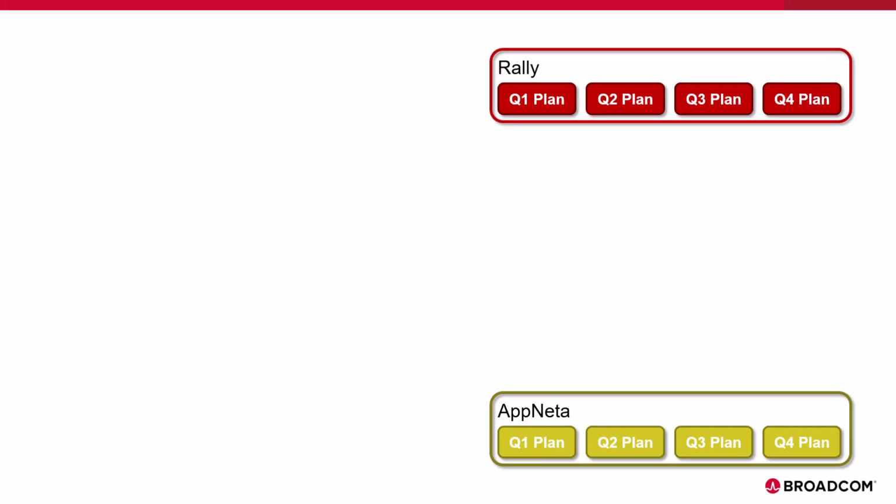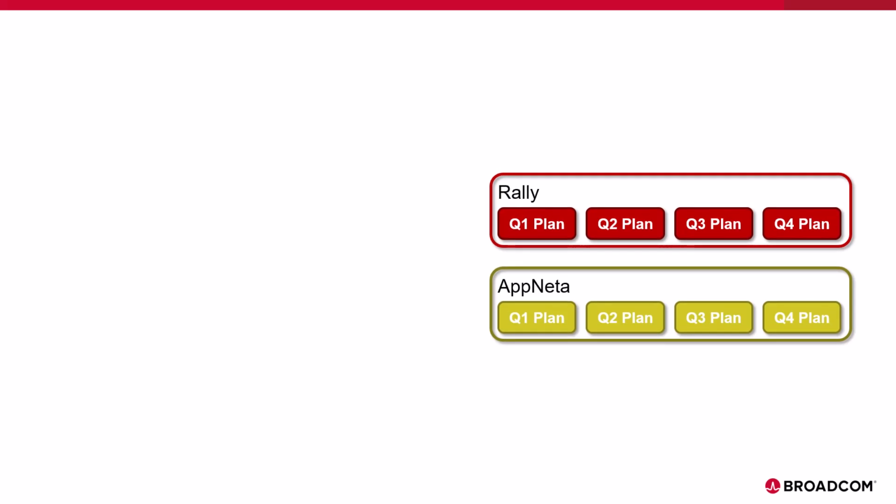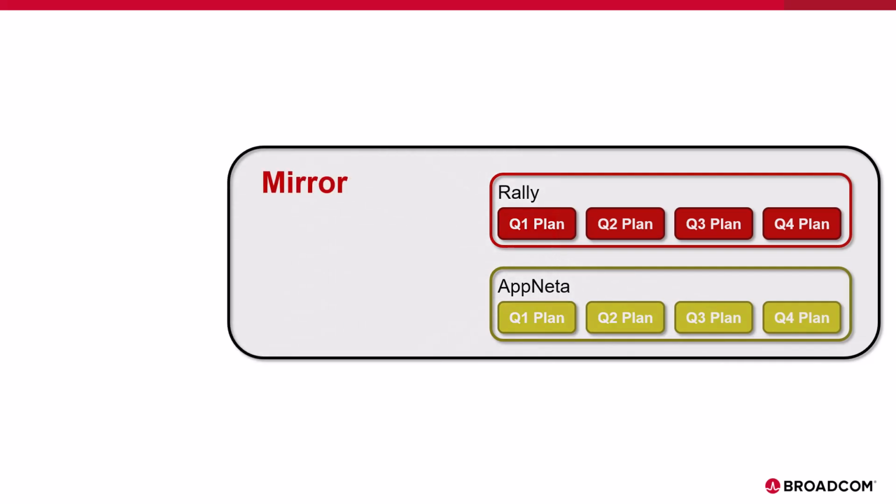So now we have two teams without a hierarchical relationship that need to be included in the same plan of plans. That would be a mirror plan. Why mirror? Because the projects that are on your plan of plans mirror the projects that are in your single release plans. There is no higher level organizing project, and there's no hierarchical relationship.